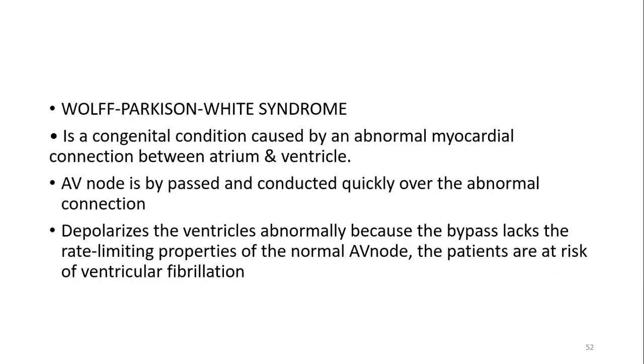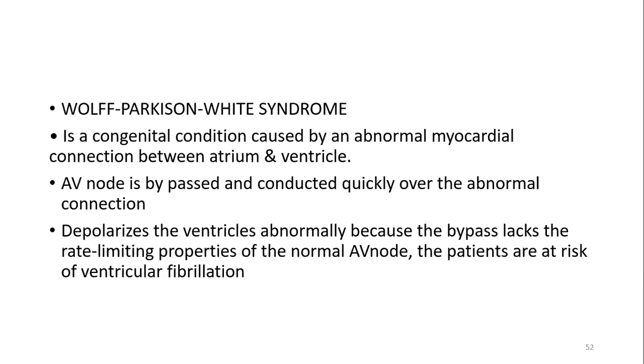Now, there's a syndrome called Wolff-Parkinson-White syndrome. It's a congenital condition caused by an abnormal myocardial connection between the atrium and the ventricle. Remember that we said there's an annulus fibrosis separating the atrium from the ventricle. The only place where impulses are normally supposed to travel from the atria to the ventricles is through the AV node.